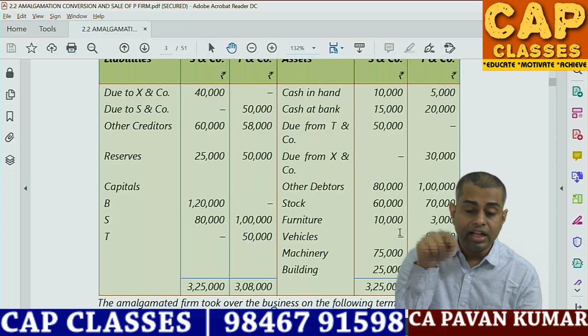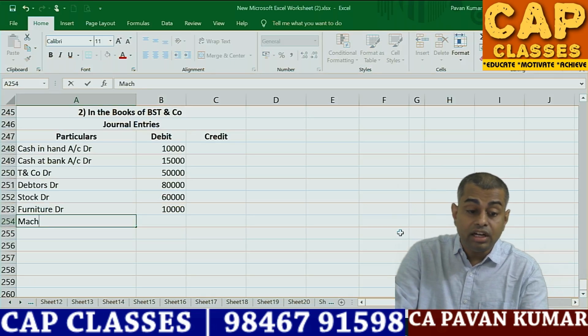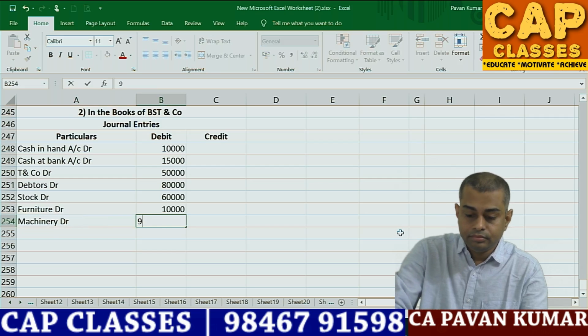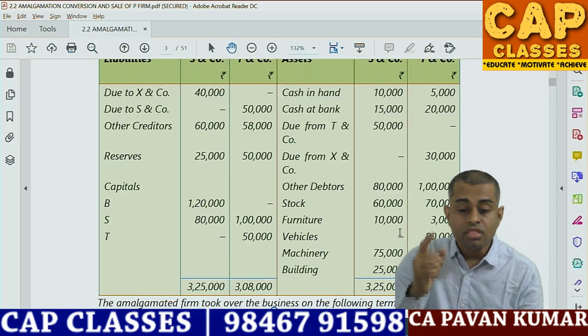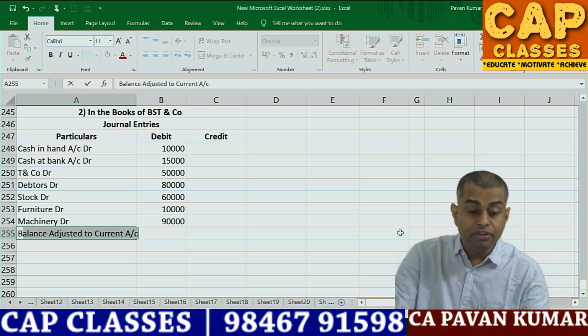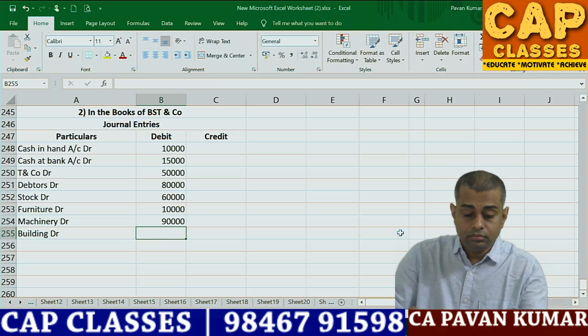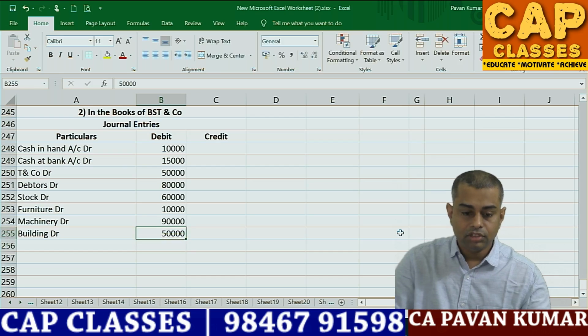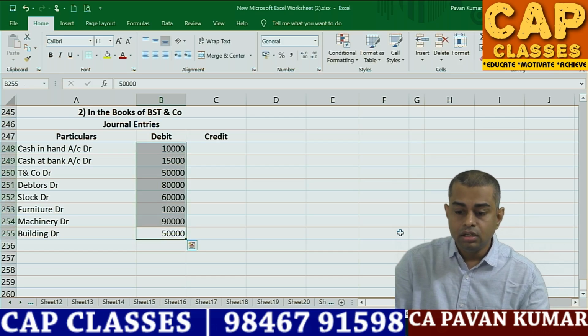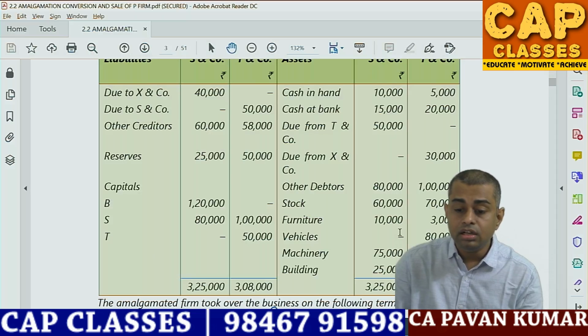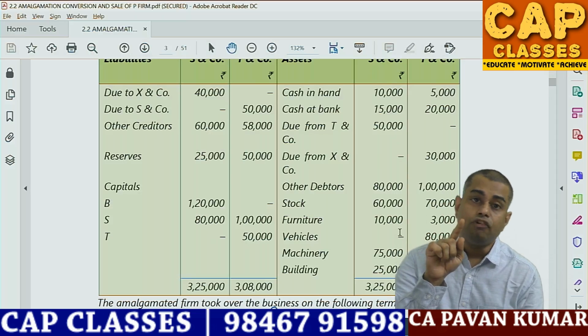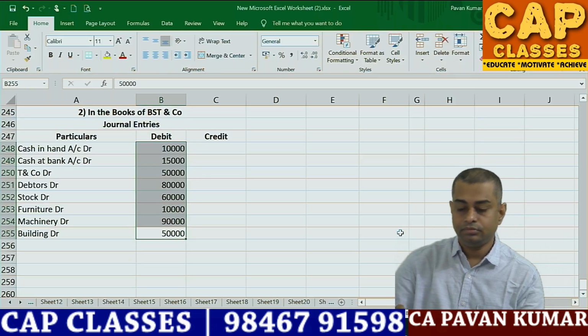Then vehicles are not there in these books. Machinery 90,000. Then write building 50,000. Okay, just check the balances. Total 3,65,000, in the books 325 plus 40,000 revaluation profit. Correct. Super.